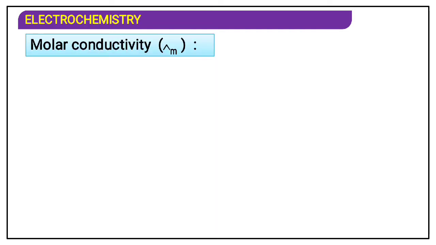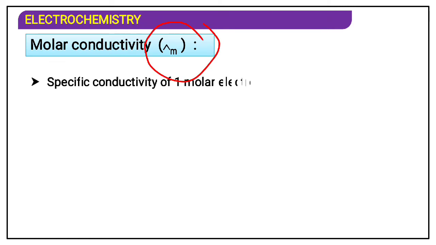The molar conductivity is represented by lambda m. Now, what is the definition of molar conductivity? It is the specific conductivity of a 1 molar electrolytic solution.